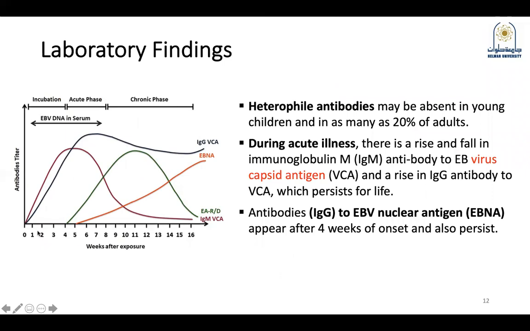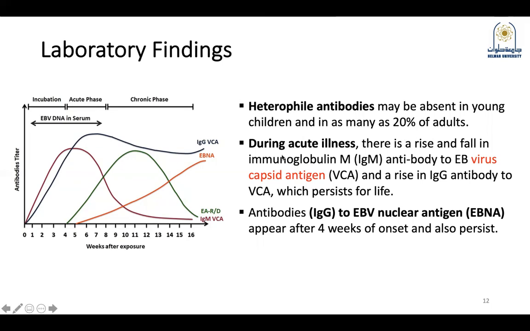If we look at the timeline of the viral infection, this is the antibody titer with the type of each, concerning the timing of the phases of infection: incubation, acute phase, or chronic phase. The heterophile antibodies may be absent in young children, and in as many as 20% of adults they are negative.